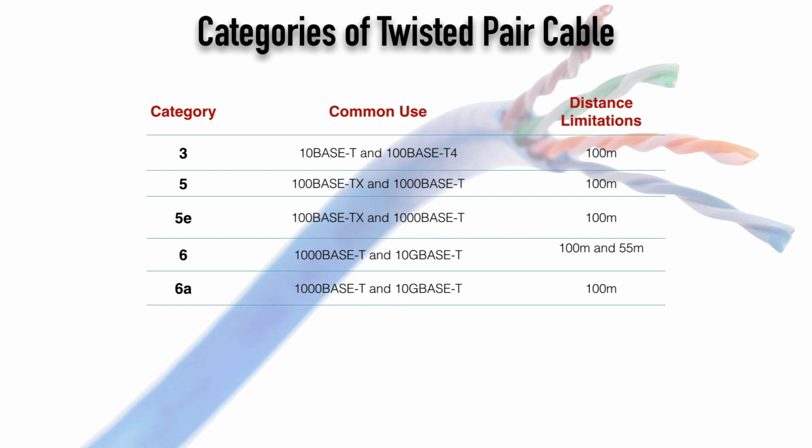That will get us 1 gig or 10 gig for 100 meters. And more recently, there's been Category 7 that's come out. This will get us 10 gigabits per second over 100 meters, or we could do simultaneous POTS, which is telephone service, CATV, which is cable TV, and 1 gig for data. So voice, video, and data could simultaneously be flowing over this Category 7 cable over a 100 meter distance.